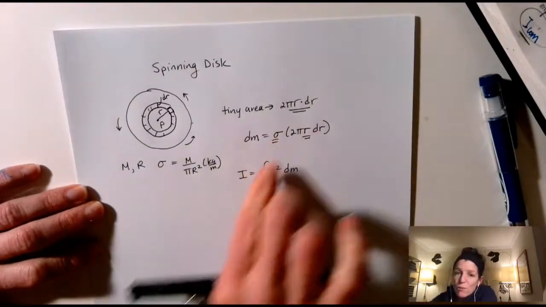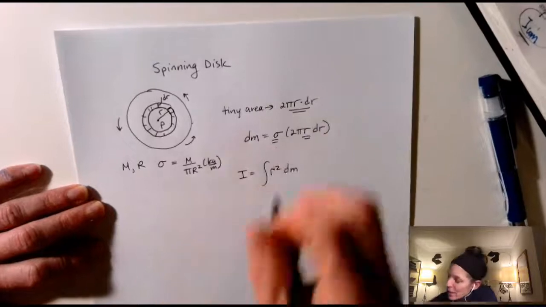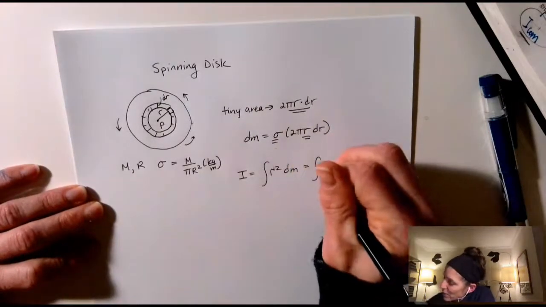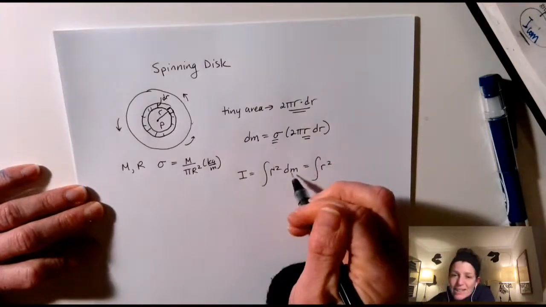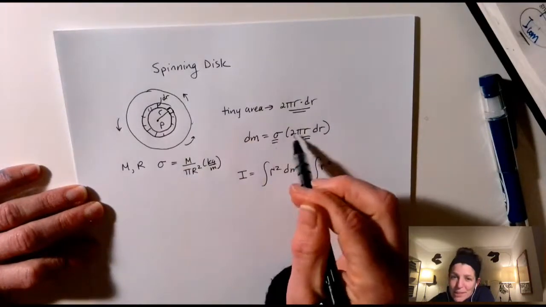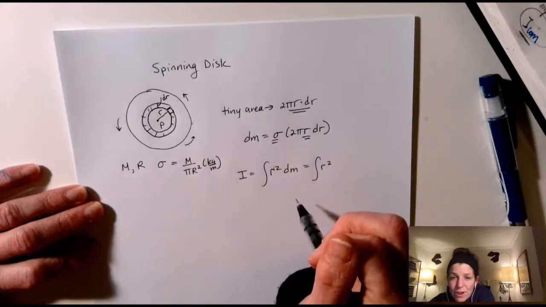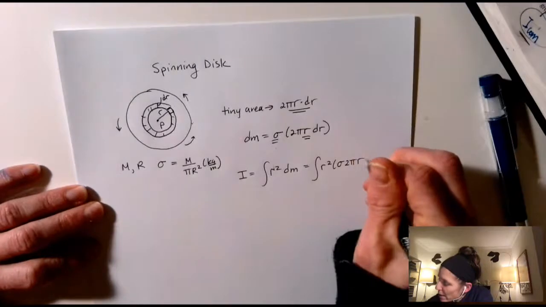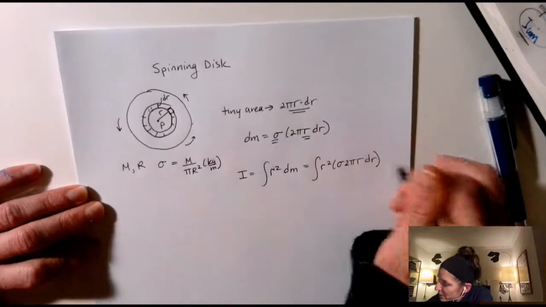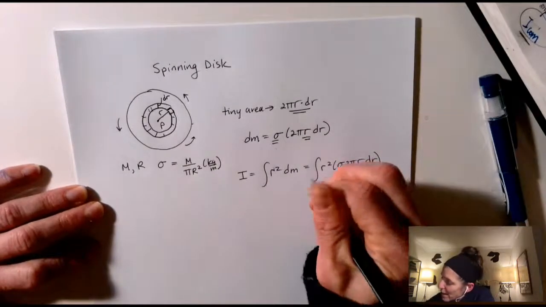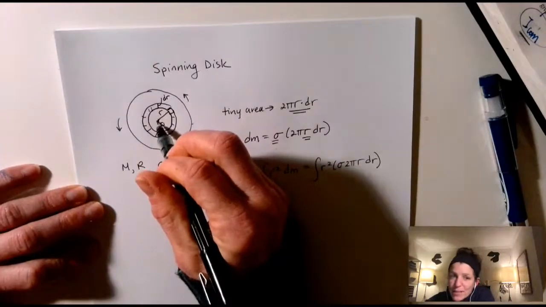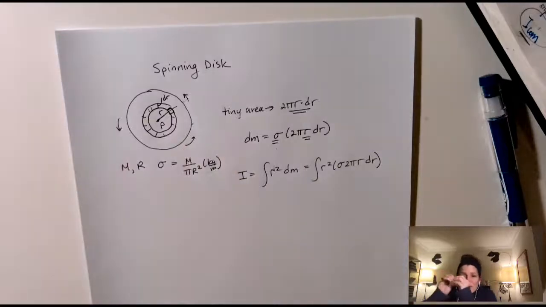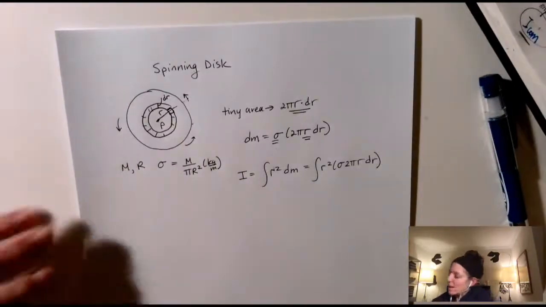I can't integrate r against dm, those are two different variables, but I have dm right here in terms of r and dr. That's sigma 2 pi r dr. And I can do that over the whole area, which means stretching r from 0 to R, because these are rings that start tiny and get bigger and bigger, and I'll cover the whole area.